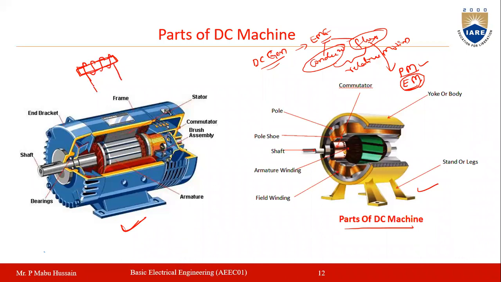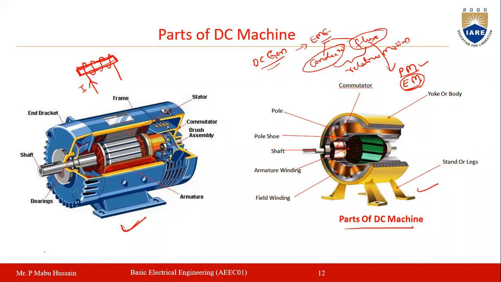Now if you pass some current through this, then this bar will act as a magnet. It is called an electromagnet because by supplying electrical energy to this, we make it a magnet.